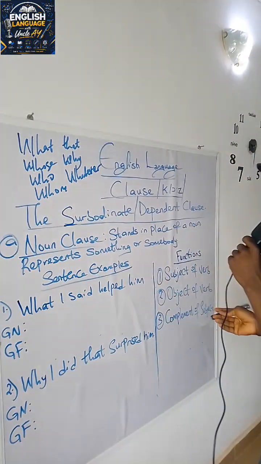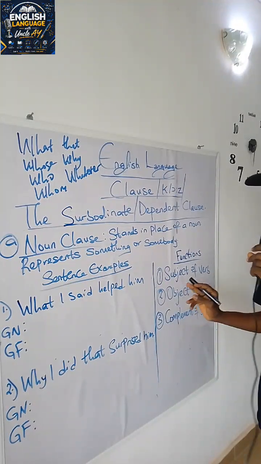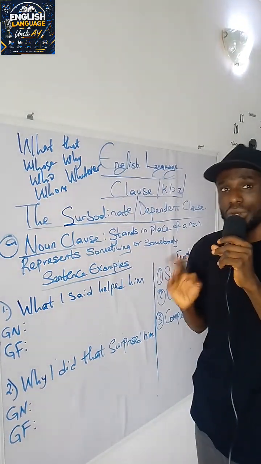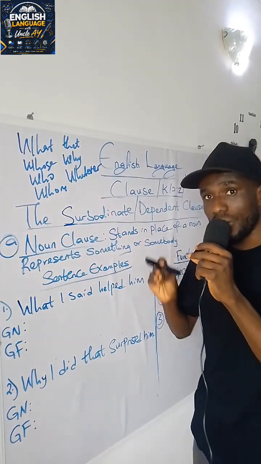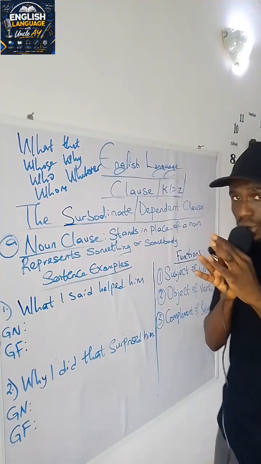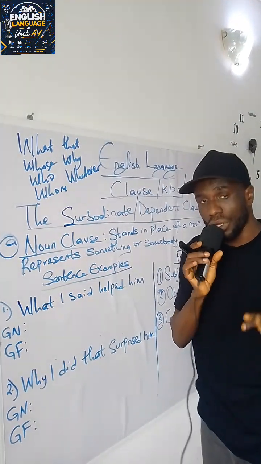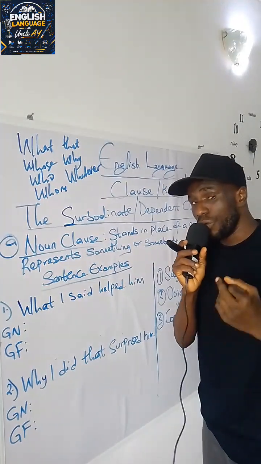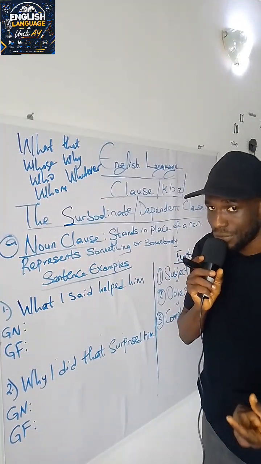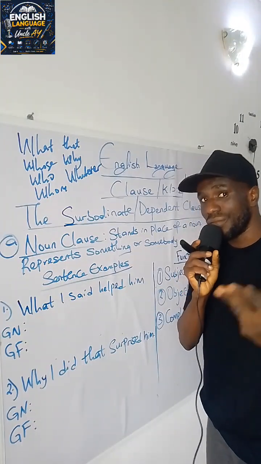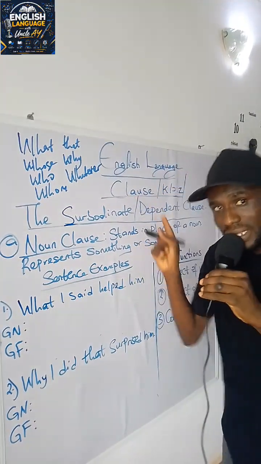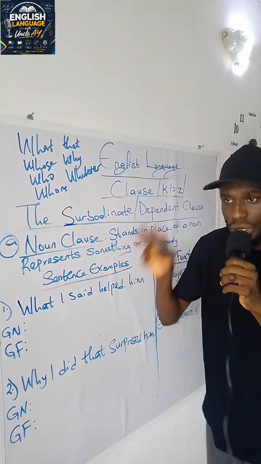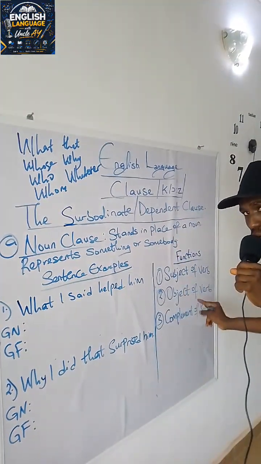So that said, we also look at its functions. And if you recall, when we were talking about phrase, we also talked about the function of a noun phrase. I recall telling us that there are three functions of a noun phrase. A noun phrase will function as a subject of the verb, an object of the verb, and finally a complement of the subject. So since we have these functions for a noun phrase, we also have them here for a noun clause.